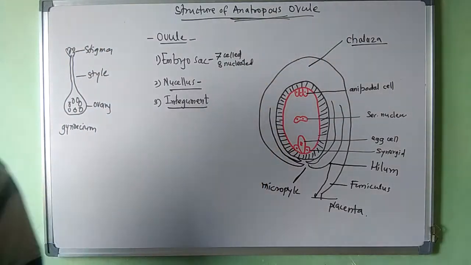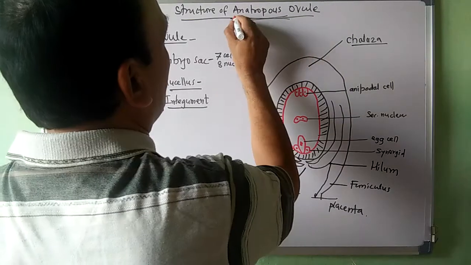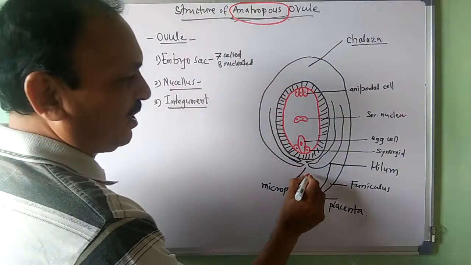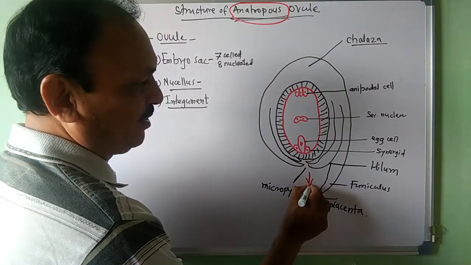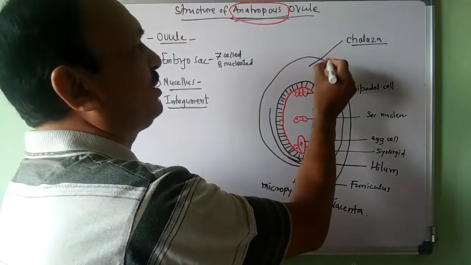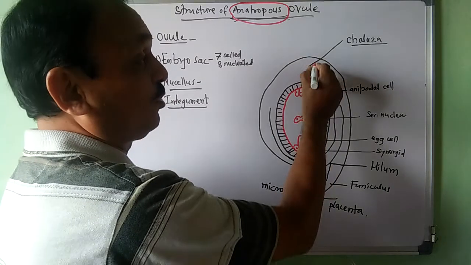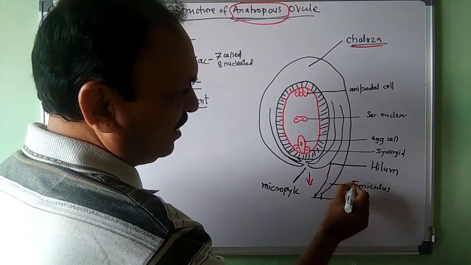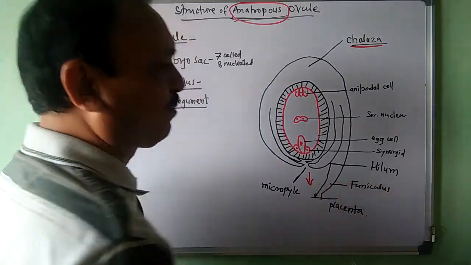What is an anatropous ovule? An anatropous ovule is one where the micropylar end is directed downward, the base of the ovule is the chalaza on the opposite side, and the hilum and funicle are parallel to the micropyle.